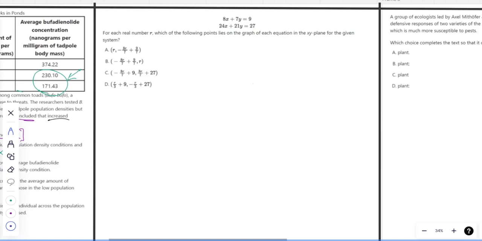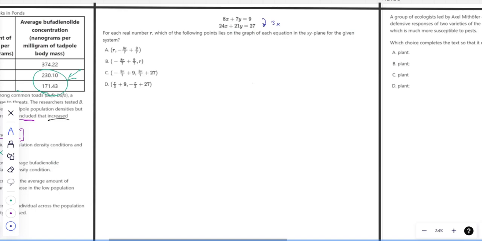One thing I notice is that just comparing these two visually, the bottom equation is just 3 times the top equation. Like you see 8 to 24 times 3, 7 to 21, that's times 3, 9 to 27, that's times 3. So these are actually the same equation.